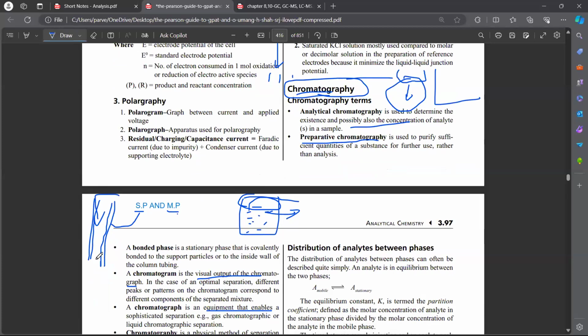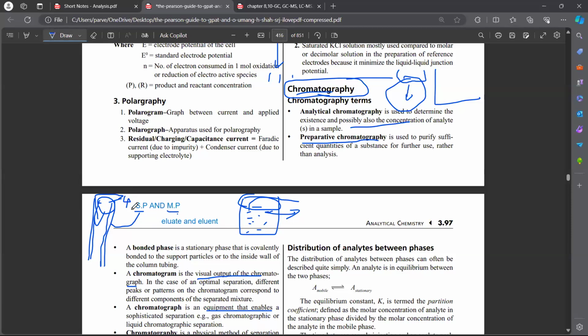So basically, the separation can be based upon different principles. There are two terminologies you will also encounter. The first one is the eluent and the second is the eluate. For example, you have a mixture of sample which consists of four analytes, and you have dissolved your sample in a specific solvent or a specific organic phase.